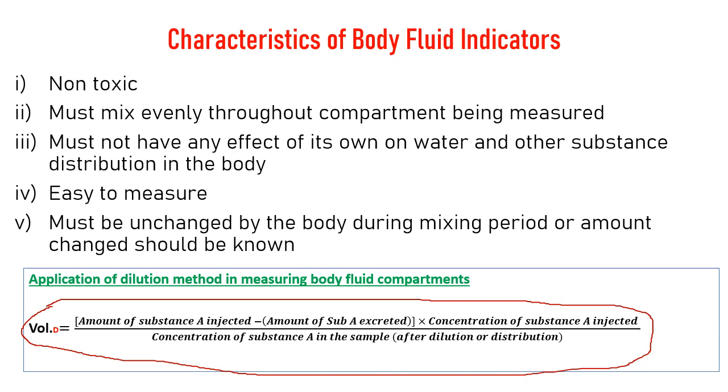Or else it should be unchanged by the body. It should not react with the body, remember. But if it reacts with the body, and if there is any metabolic reaction in the body, the amount that has been metabolized should be known, so that we are able to account for it when calculating. We should subtract the amount that has been excreted. So this is where this formula comes in. I hope all this makes sense.